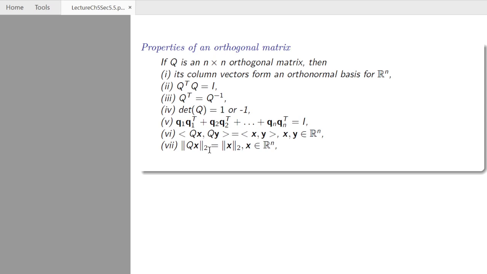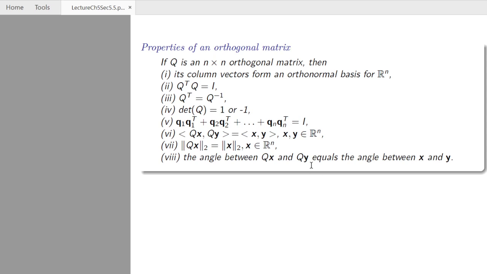So both sides take square roots like this. Property 8: the angle between Qx and Qy equals the angle between x and y.